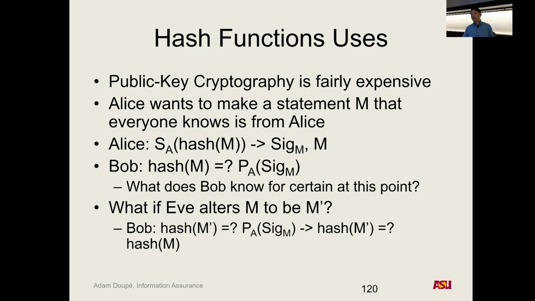Using the public key means decrypting, right? So decrypt the signature with the public key of Alice. It shows the hash of M, right? So if that output matches this hash M value, Bob can verify, oh, this message is from Alice.